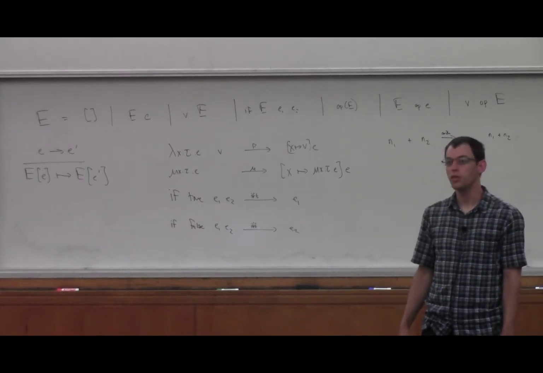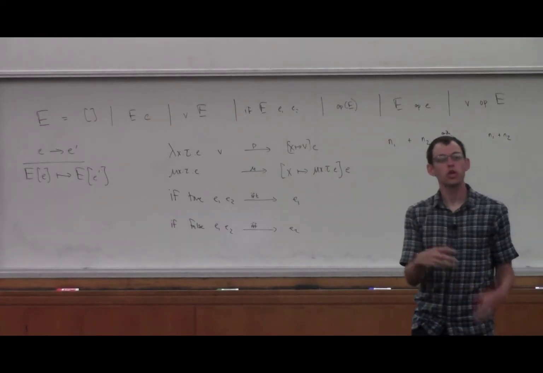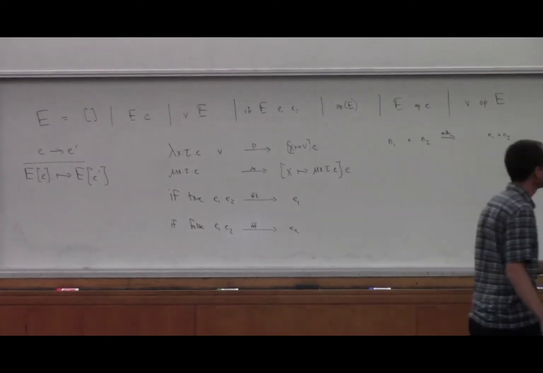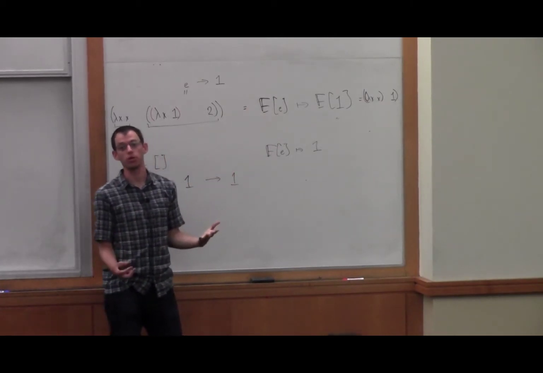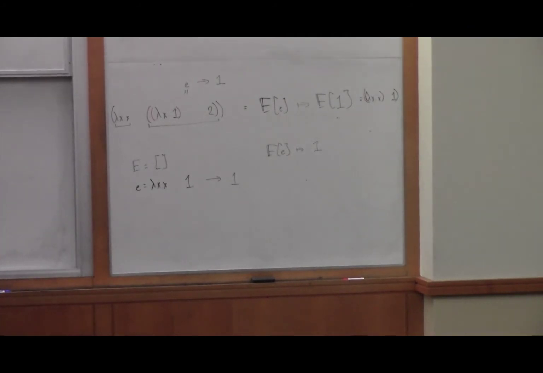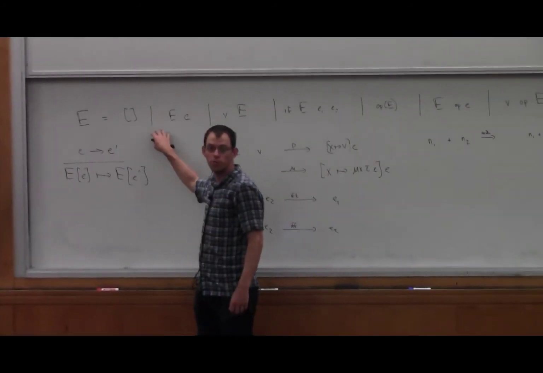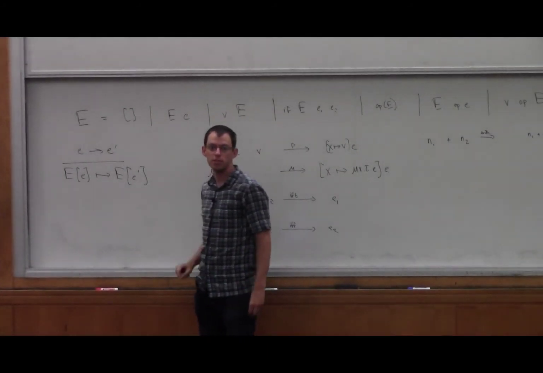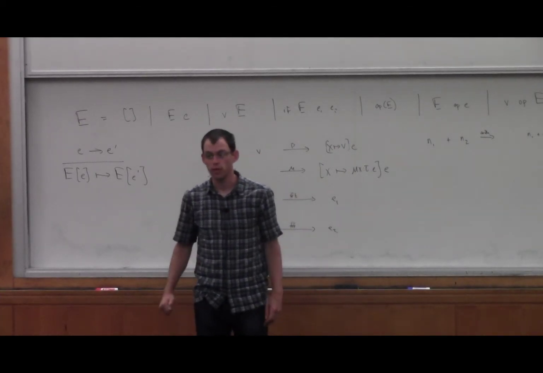But usually we think of evaluation context defined this way as being terms with holes in them, and this syntax as meaning plug the term into the hole producing a bigger term. And we sort of leave that implicit. So you can think of this as a grammar for term to term, a specific set of term to term functions, if you want.